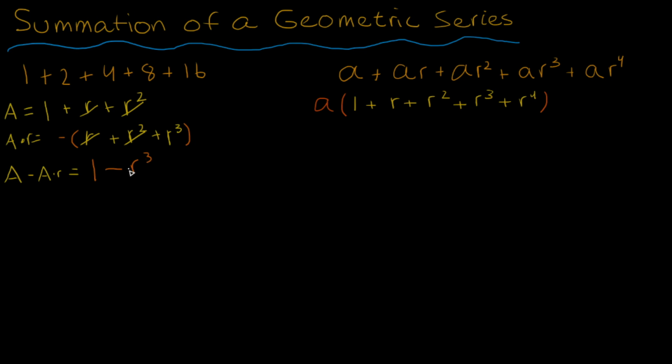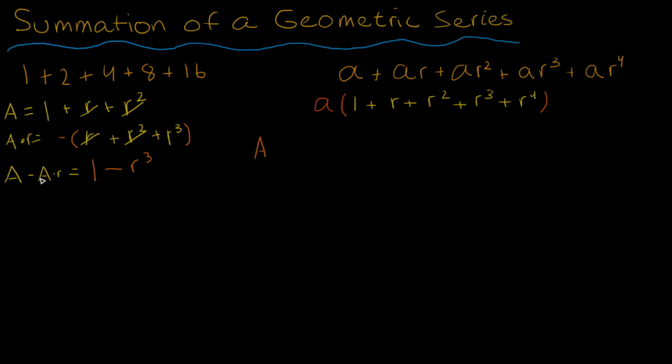But we can't just leave it like this. We have to make sure that we go back to the original a. And we don't want to do things with this just yet. So we want to figure out how to go backwards, back to a, without literally unsubtracting. So how can we do that? Well, we notice that in a minus a times r, we have an a in both of those.